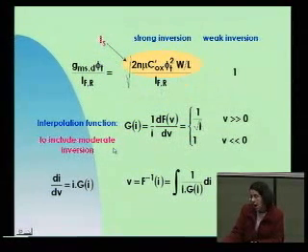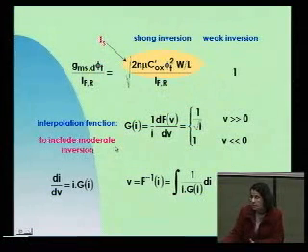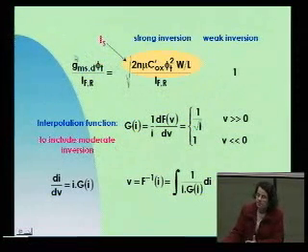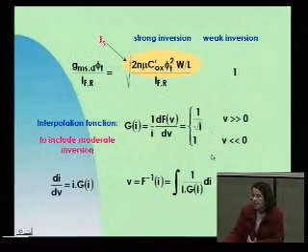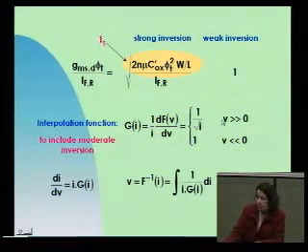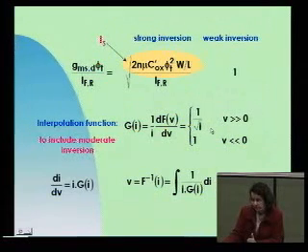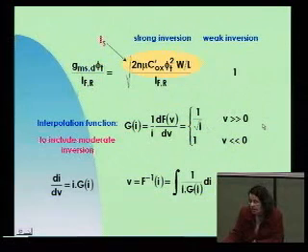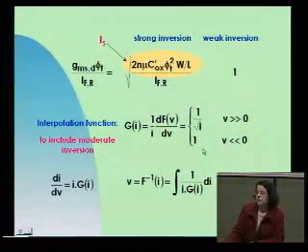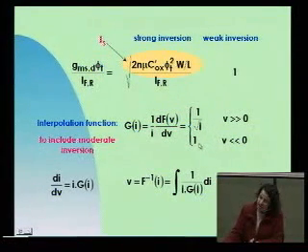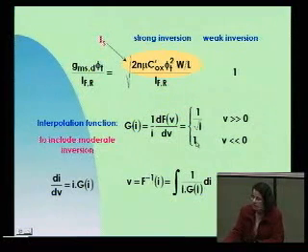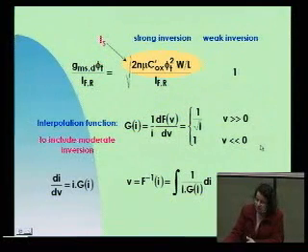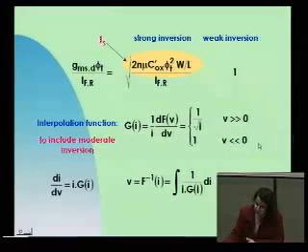So my interpolation function for this variable must be something like this. It must tend to the inverse of the square root of the normalized saturation component of the current in strong inversion, and must tend to 1, that is, be independent of the current, in weak inversion.